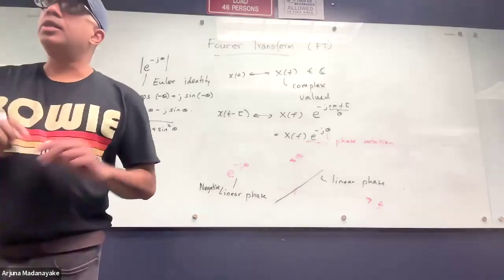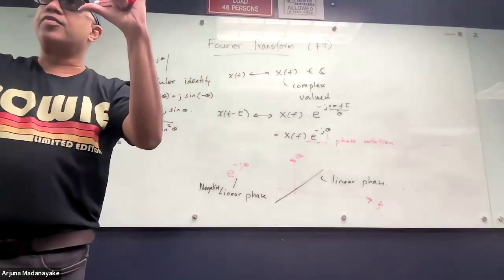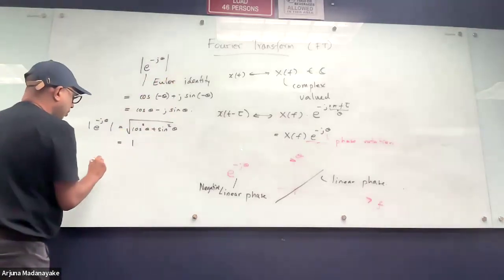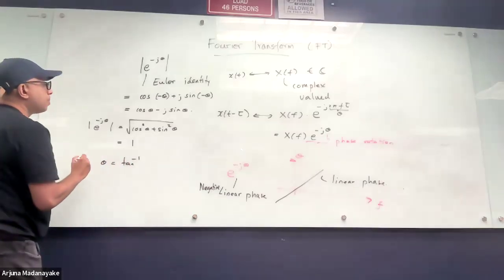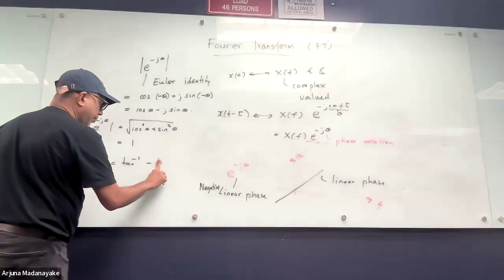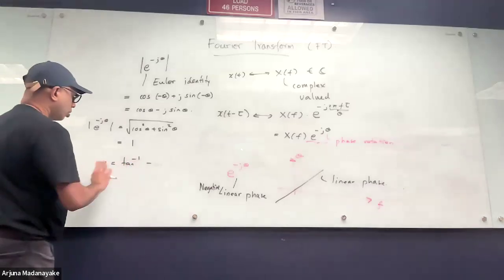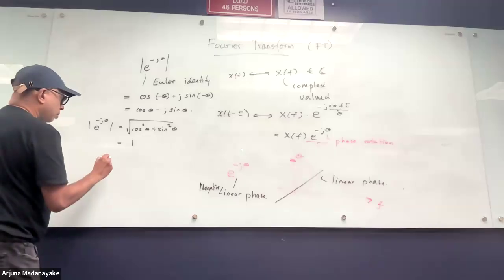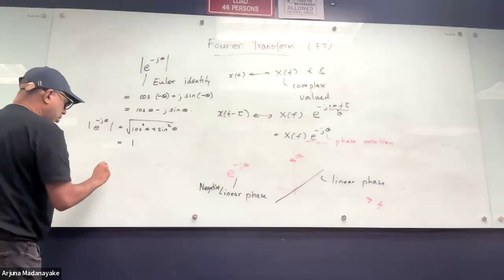The phase rotation doesn't change the size of X of f. Its magnitude is always 1, but its angle theta is equal to tan inverse of, I can write this as, by definition, sin theta divided by cos theta, right?